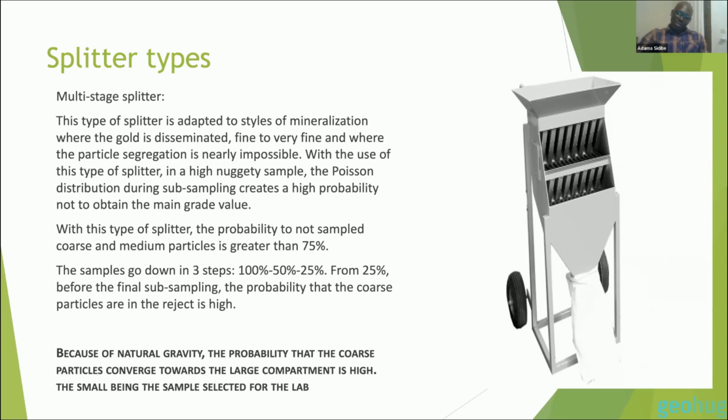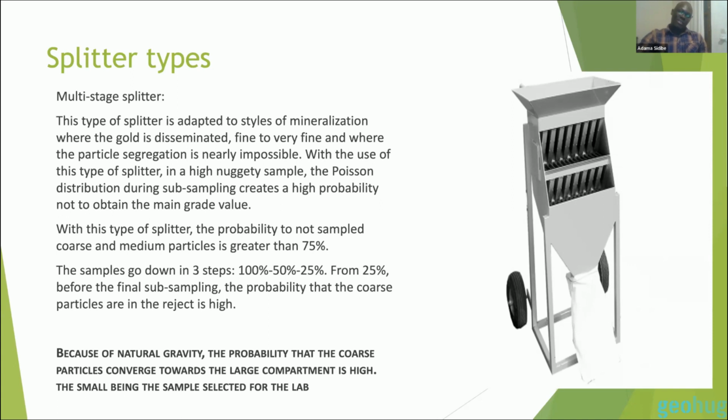Generally, this type of splitter is used when the gold is fine to very fine. It is not better to use it when the gold particles are medium or coarse, because of the natural gravity, the probability that the coarse particles converge to the large compartment is very high.